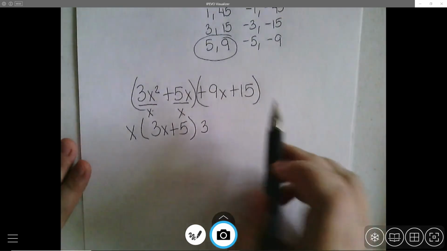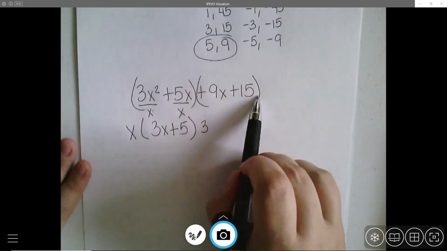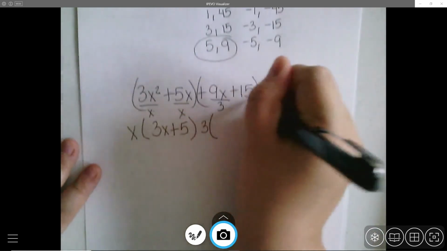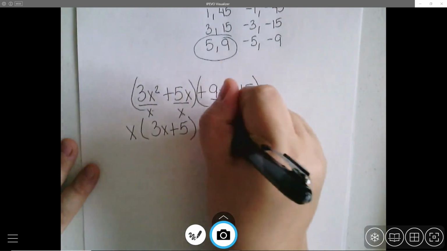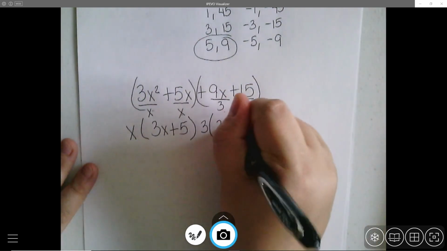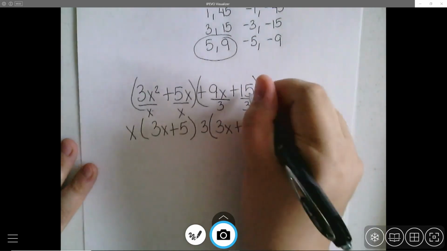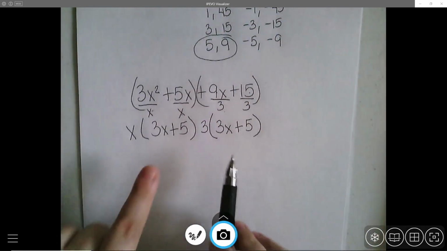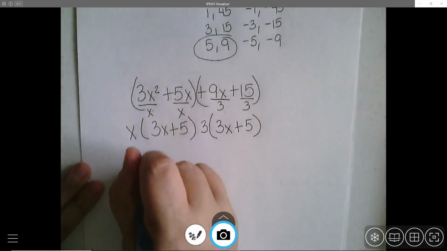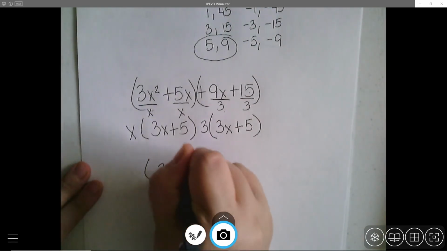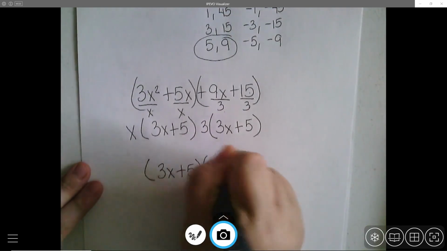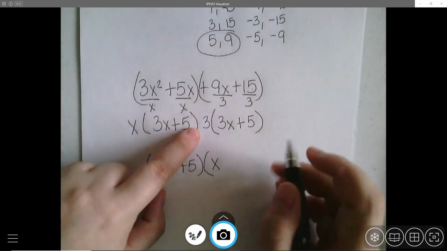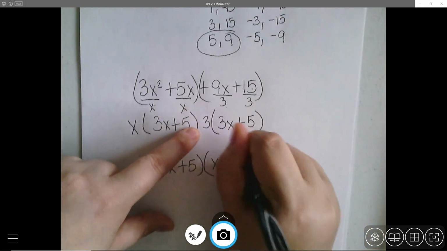You only have a GCF with a number, not with a variable, because they don't have it in common. So divide this all by a 3. 9x divided by 3 is 3x. Plus 15 divided by 3 is a 5. 3x plus 5 in both parentheses, so I'm good to go. Write what is in both parentheses that is the same, and then write left to right what we took out, x, and since this was a positive 3, it's a plus 3.